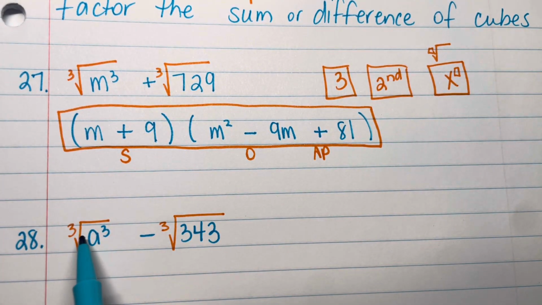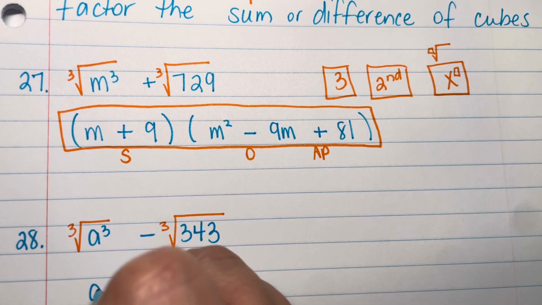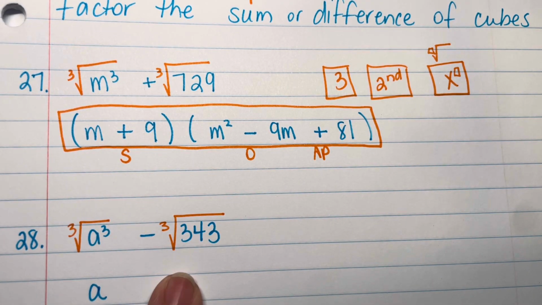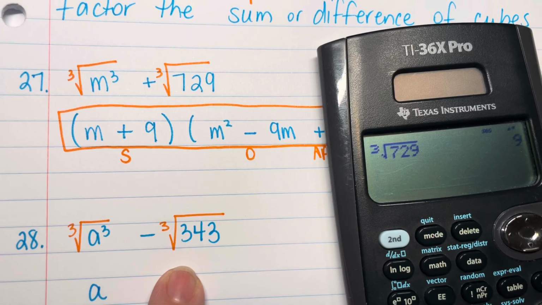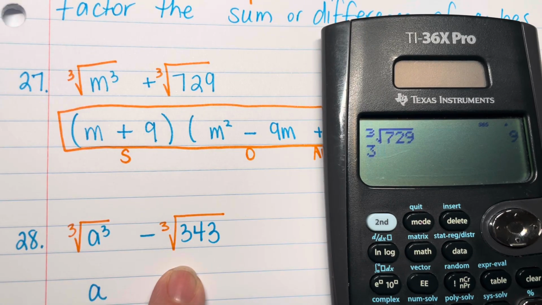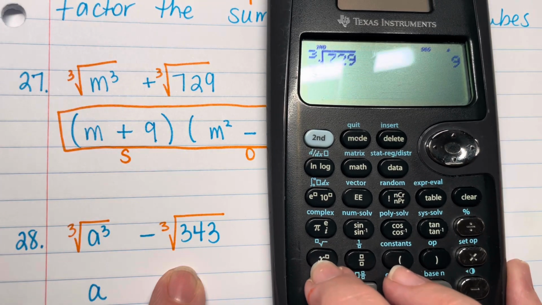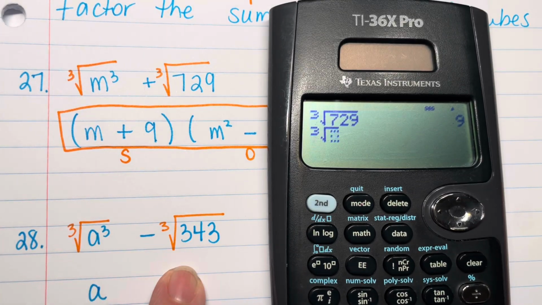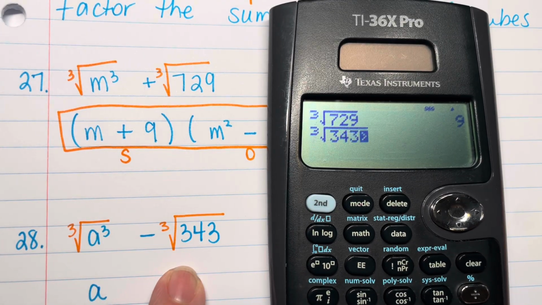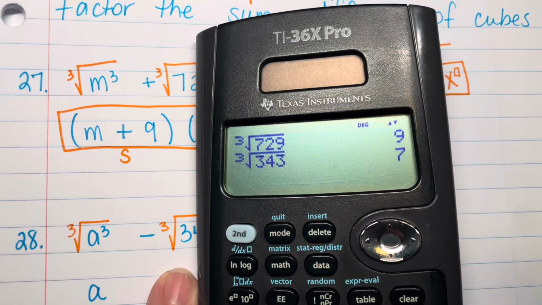The cube root of a to the third is a. For the cube root of 343, we type in the 3, then the second, and then the cube root. So the cube root of 343 is 7.